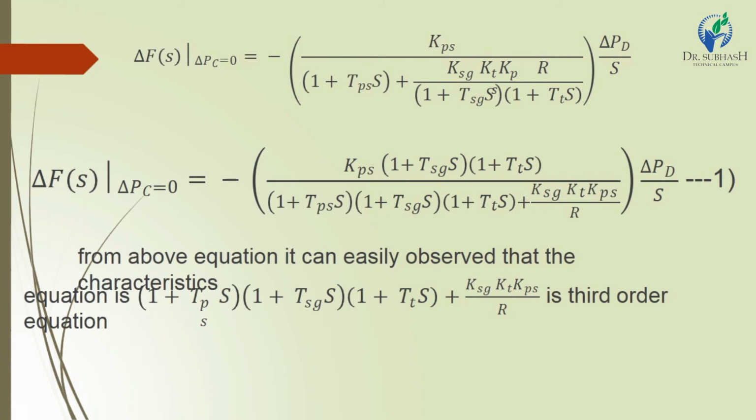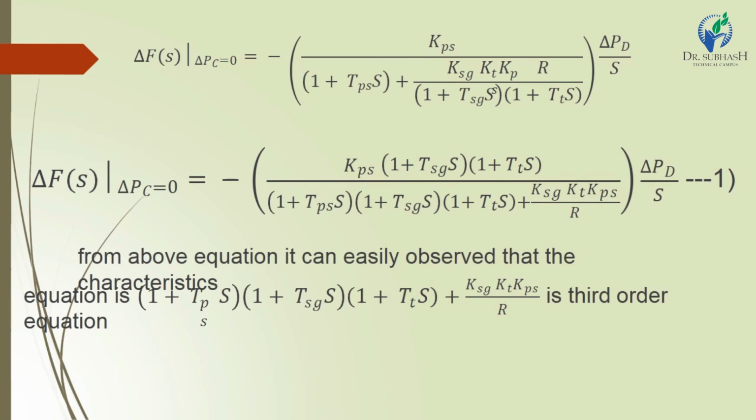Delta f of s is equal to Kps into 1 plus Tsg into s, 1 plus capital T into small t into s, upon 1 plus Tps into s, 1 plus Tsg into s, 1 plus T into small t into s, plus Ksg Kt Kps upon R, into delta Pd of s.